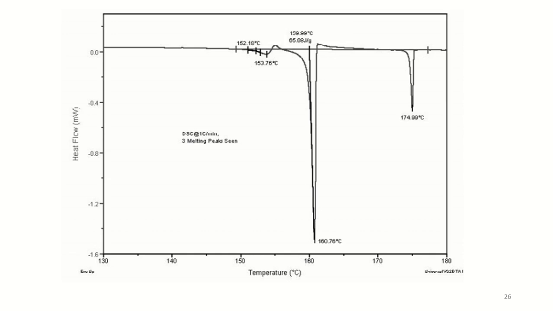In both experiments, the total energy of melting is the same, which is 65 joule per gram, but it is distributed very differently among the various polymorphic crystalline forms.